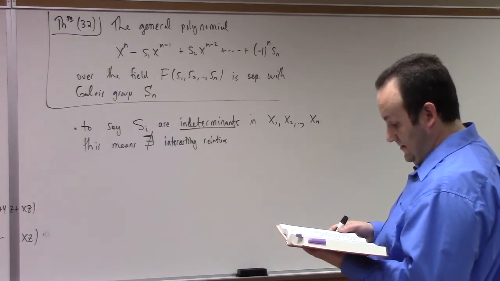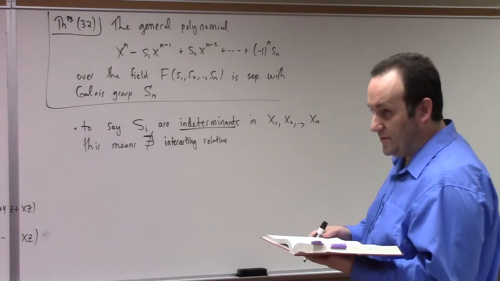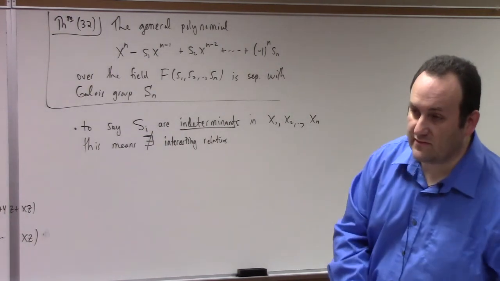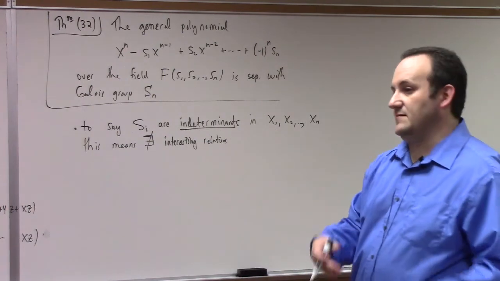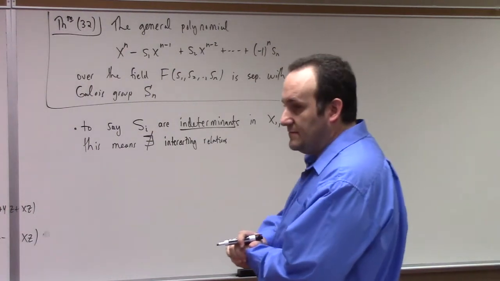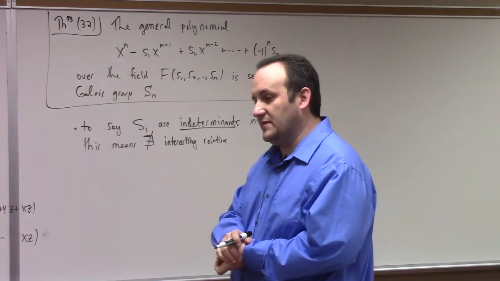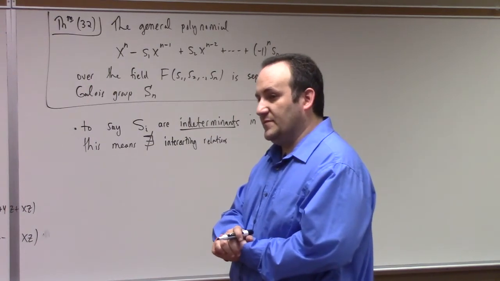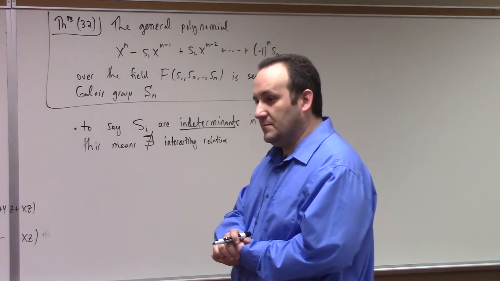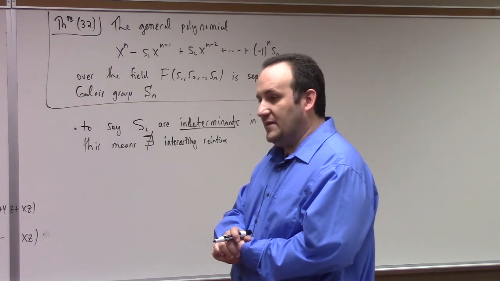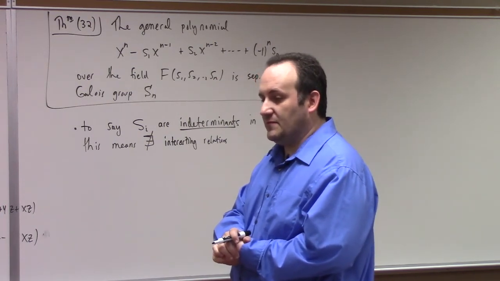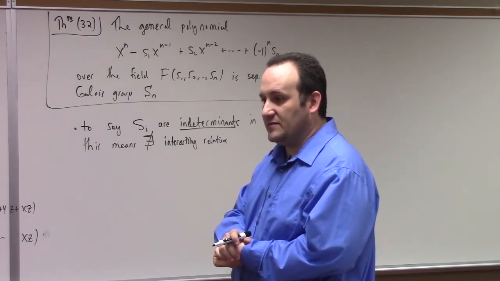So in that sense, generic polynomials do not exist for finite fields, because we can't create a generic polynomial over a finite field which has a full symmetric group as its Galois group. So you can't keep the structure of a finite field and have indeterminates.